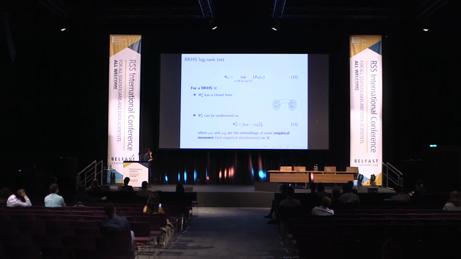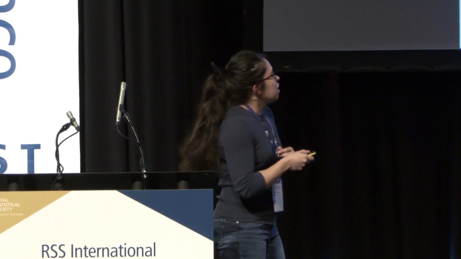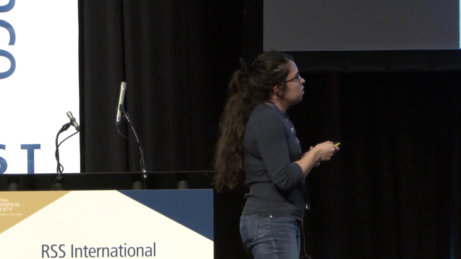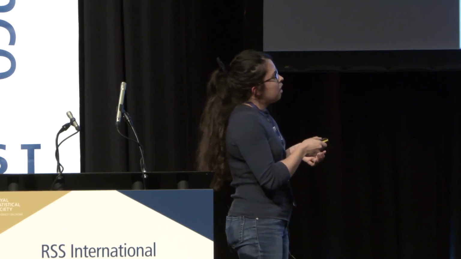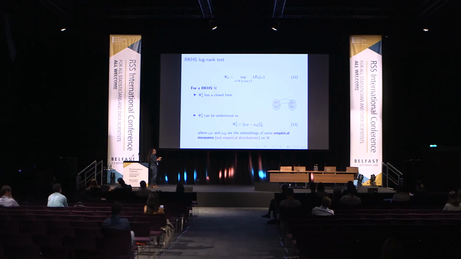Also, we have this good property that this can be understood as the norm of the difference of two elements in the Hilbert space. Typically, in RKHS-based tests, people take two probability distributions, embed them in the Hilbert space, and compute similarity by taking the distance in this space.